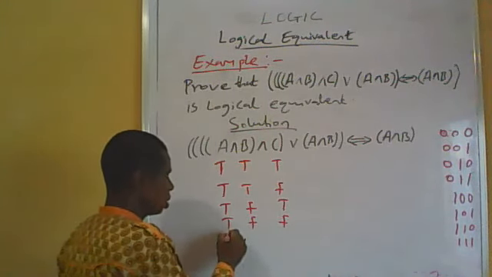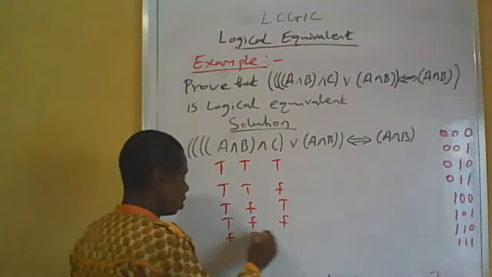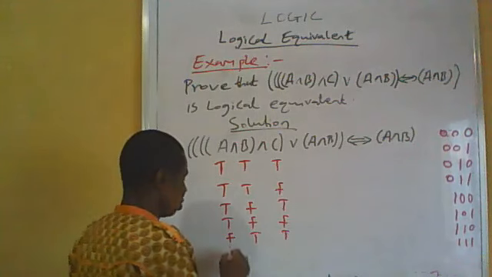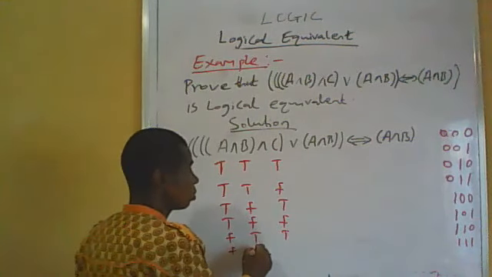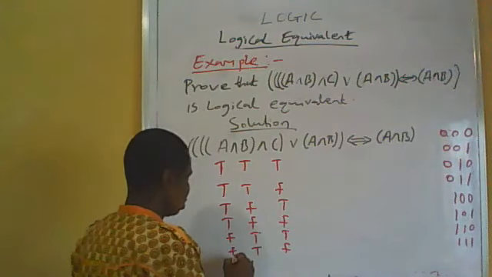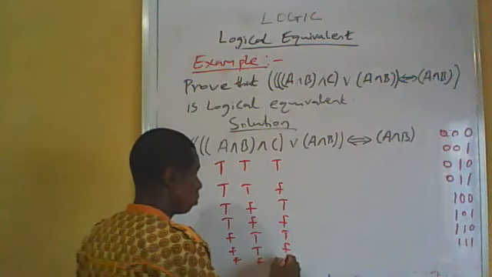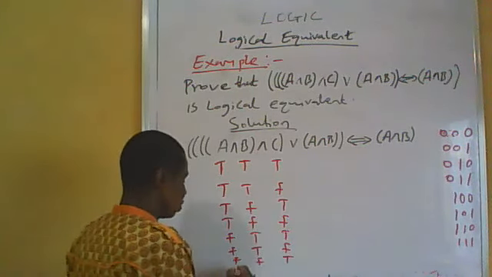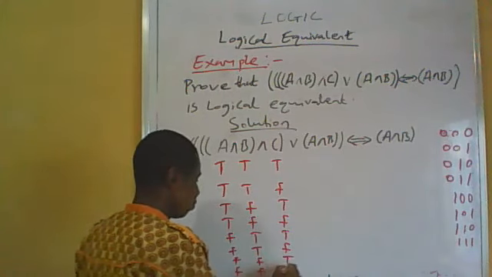That means F, T, T. Next one is 0, 1, 0. F, T, F. Next one is 0, 0, 1. That means F, F, T. Last one is 0, 0, 0, F, F, F.